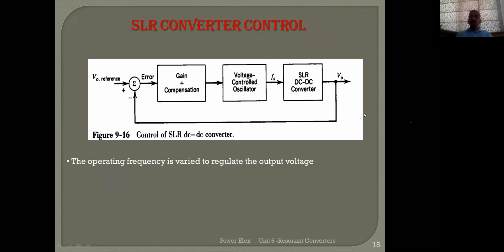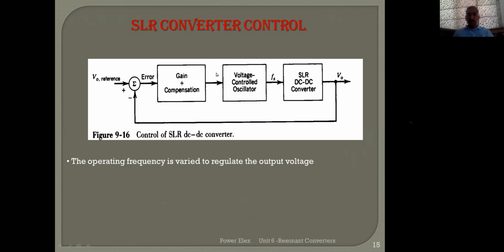So if I want to build a circuit and a prototype using HV and LV circuit, then what to do? This is a typical diagram for building the SLR DC to DC converters, where this is the error signal, feedback signal, and reference, which generates the error signal, which is used to drive the gates of the power switches, means T1 and T2 or T plus and T minus. This gives us gain and compensation.